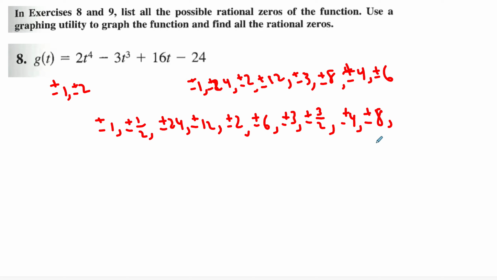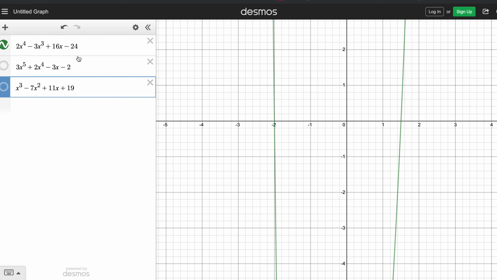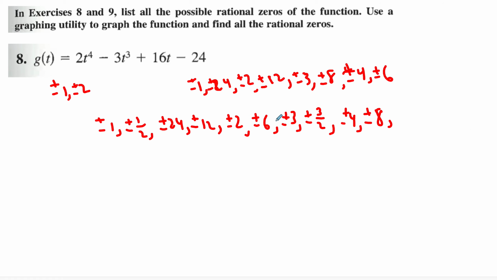Now, it turns out that you could also graph these. So if you use a graphing utility, we look at something like this, right? There's our function. You can see negative 2 and 1.5, aka 3 halves. So negative 2 and 3 halves. So what I'm going to do is take this thing, 2, negative 3, 0, 16, and negative 24.